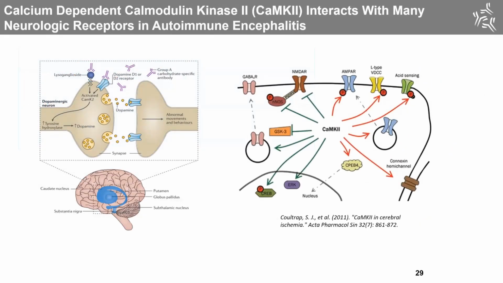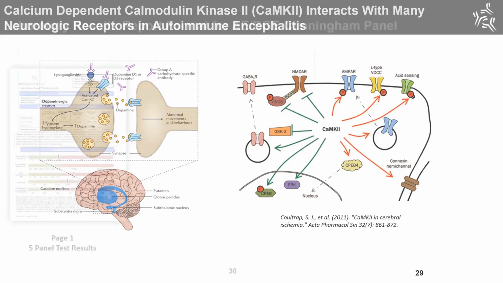So the other important part is that calcium calmodulin CaMKII 2 is involved in many other different receptors in the brain. You saw the NMDAR in Brain on Fire, others like the voltage-gated calcium channel receptor, several others. And so this complex interaction is an indicator that this is an important enzyme, that if you stimulate it unnecessarily with an antibody, then you can cause other types of neurologic issues.